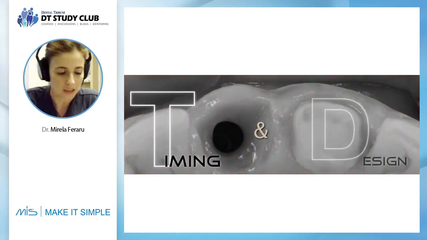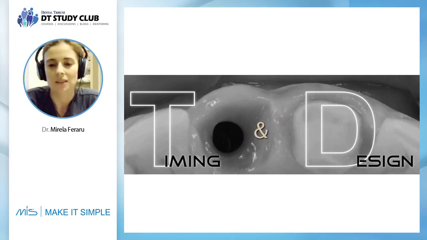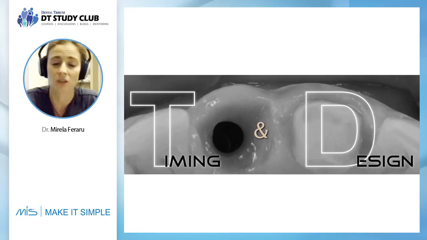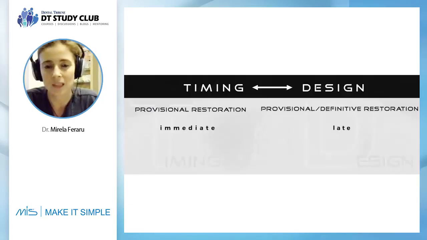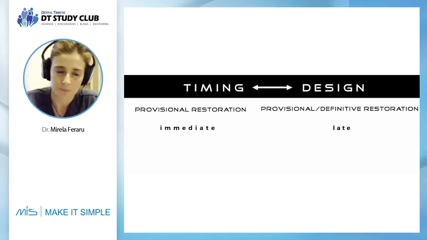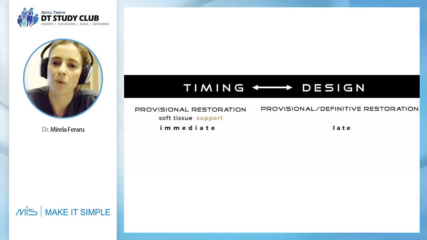Now, related to the timing of our clinical procedure, there is an influence towards the design of our restoration, and this can be provisional or definitive. And what do I mean by that? If we have a provisional restoration, and we have performed an immediate procedure, like an immediate implant and immediate soft tissue grafting, the soft tissue will basically have a function of support, and we will go into more detail regarding that.